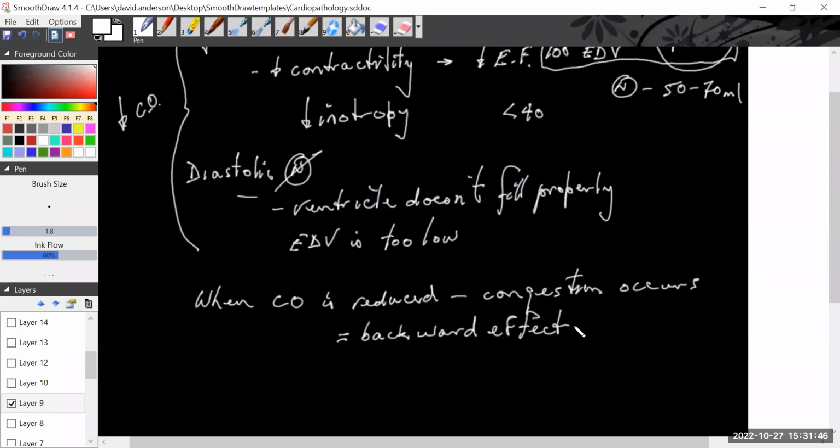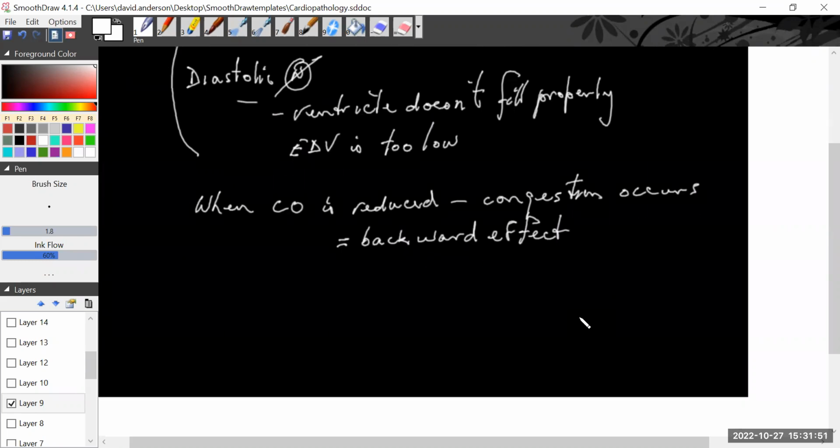Things are going to start to back up. So initially, we're going to try to compensate, to try to increase our cardiac output.